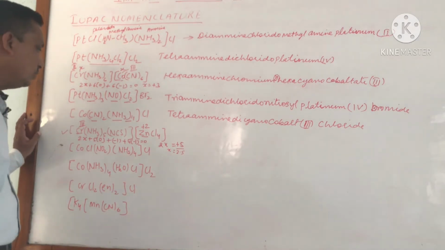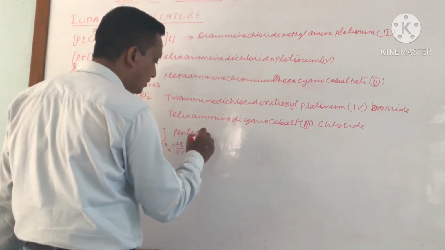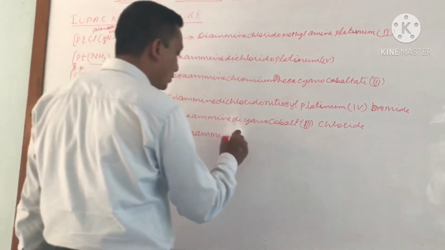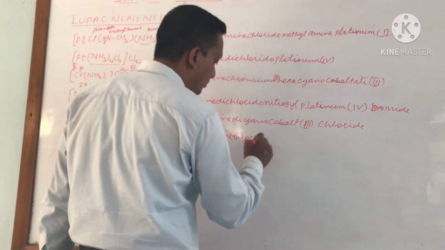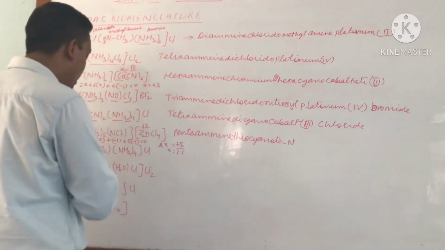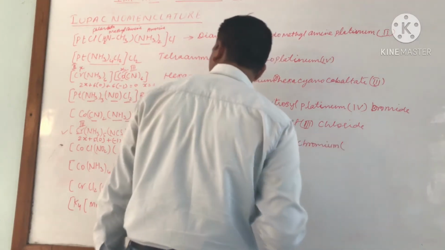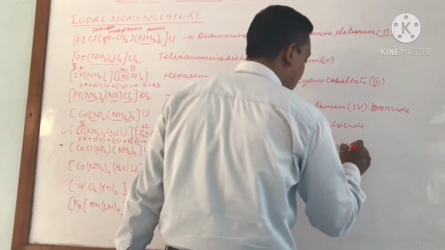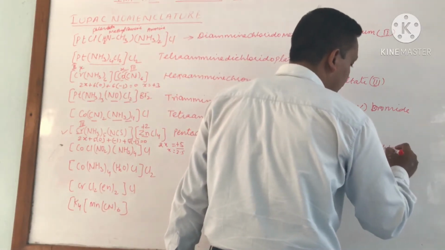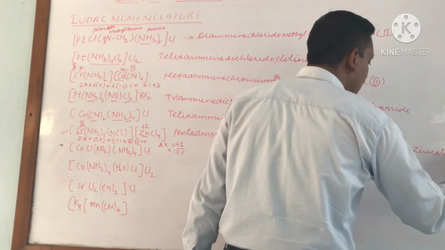So we can write down the name as pentaamine, then thiocyanato-N, then chromium(III), then tetrachlorido zincate(II).